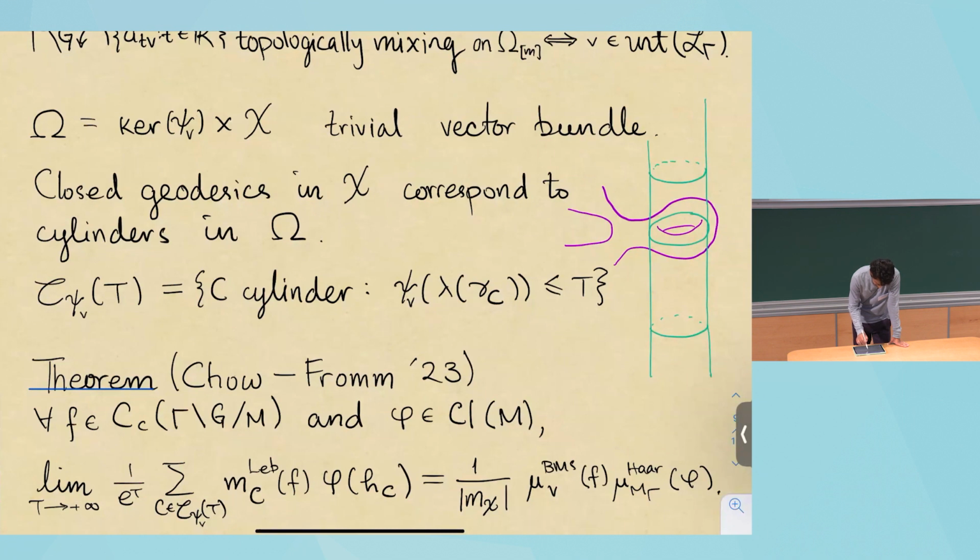So you have closed geodesics in the space X, and they're in one-to-one correspondence with the conjugacy classes in gamma.